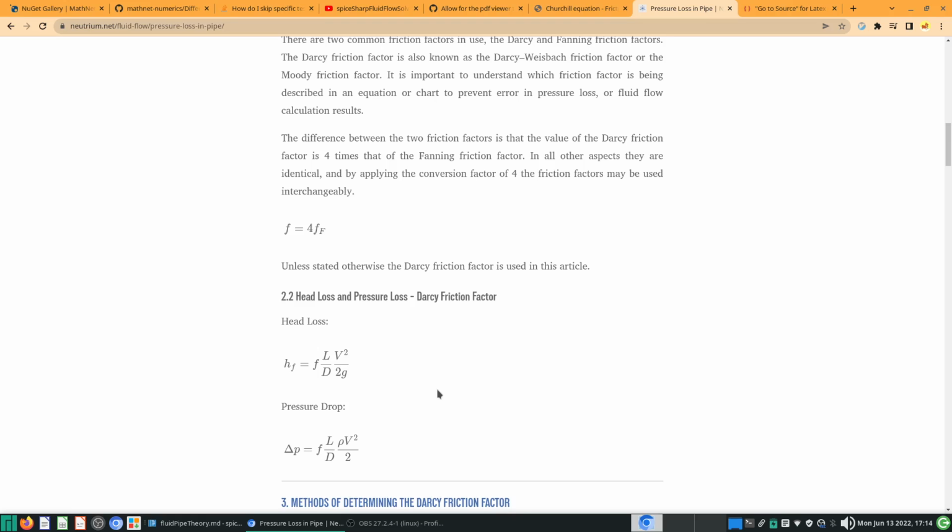So anyway, where did I get the formula from? You can see delta P equals the friction factor times L over D half rho V squared.